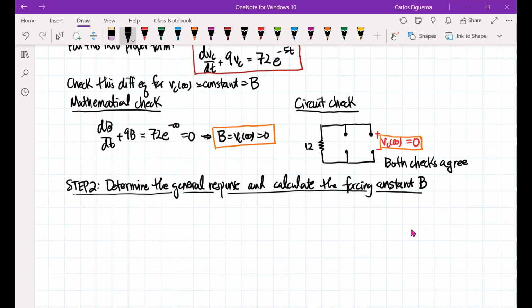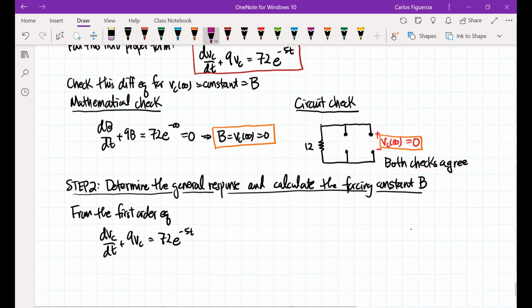From the first order equation, we see here that we have dV/dt plus 9VC, and this is equal to 72e to the minus 5t. So what I'm going to do from here is pick off 1 over tau. And then you could see on this side here, this is my effective source.